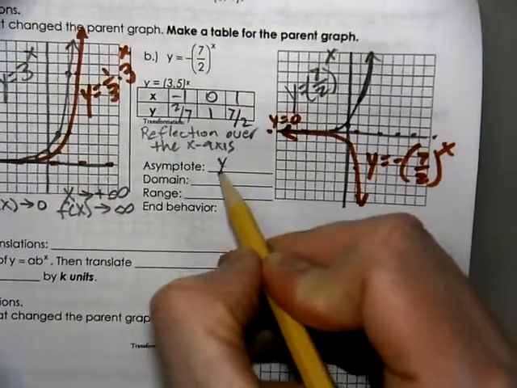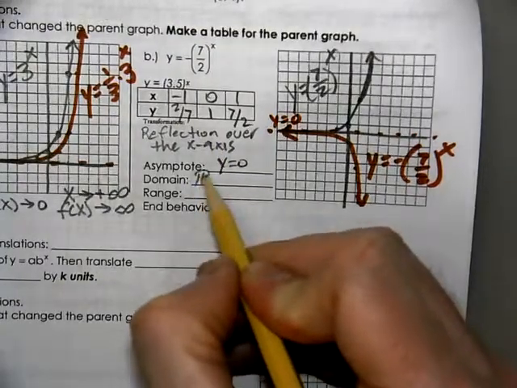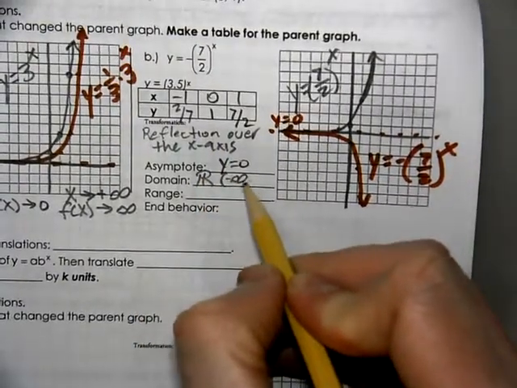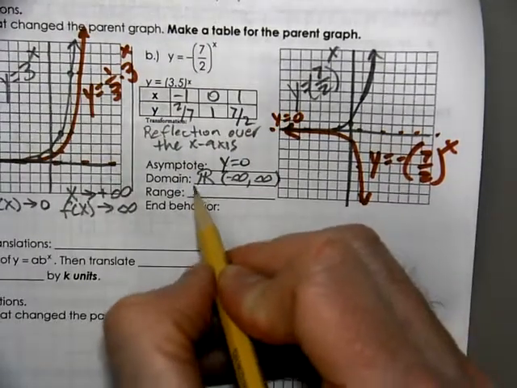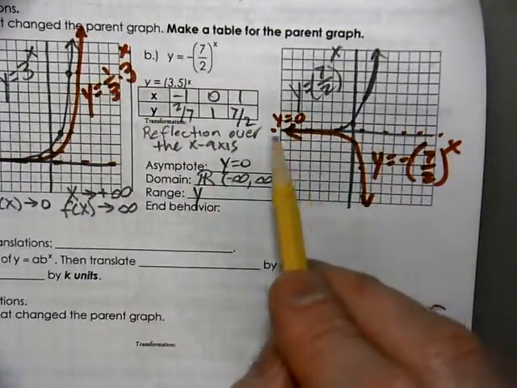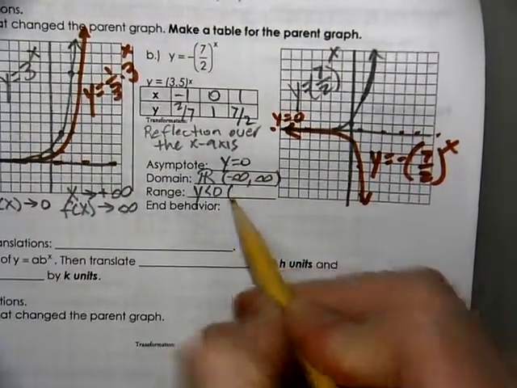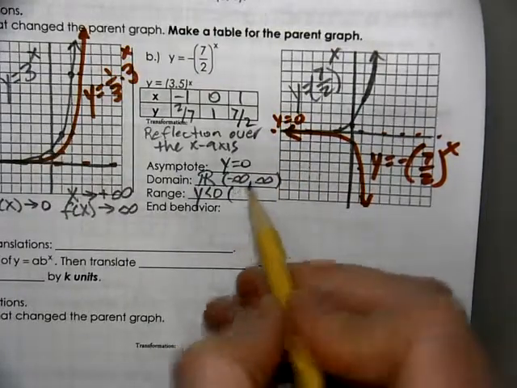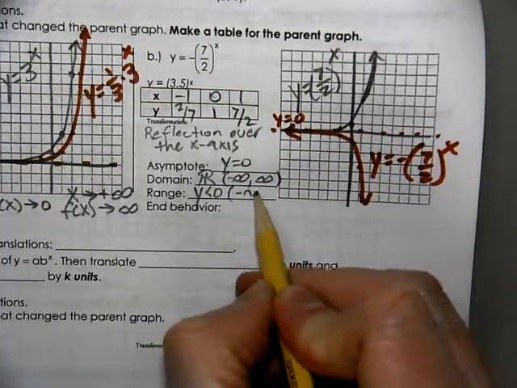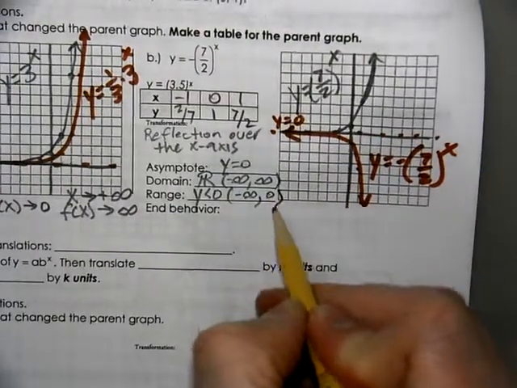The asymptote, again, is y equals 0. The domain, what x values can you plug in? All real numbers. That's negative infinity to positive infinity. The range, if you look carefully, notice that the red graph goes down. So it's going to be less than 0, which would mean the smallest value would be negative infinity, and the highest value would be 0.